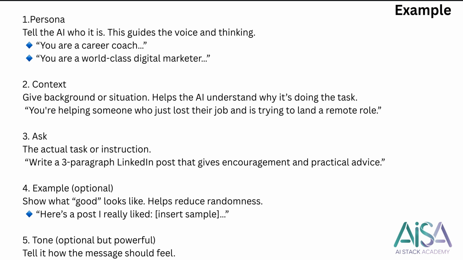All right. And that takes us to the example. This is optional, as I said here. If you show it what good looks like, it can help reduce randomness. So here's a post I really like. Now I'm asking the model to write a 3-paragraph LinkedIn post for me.